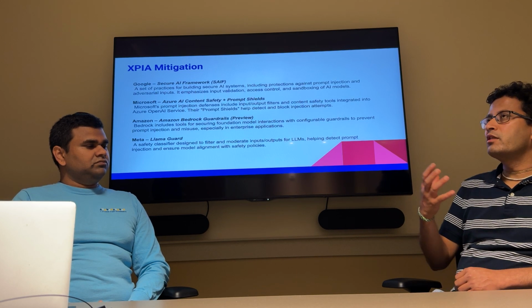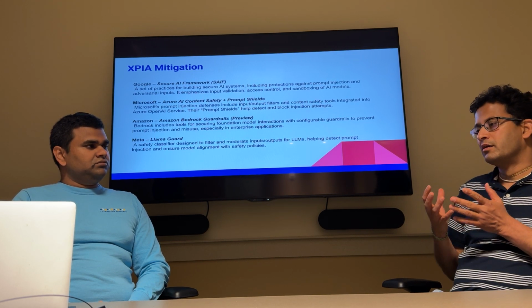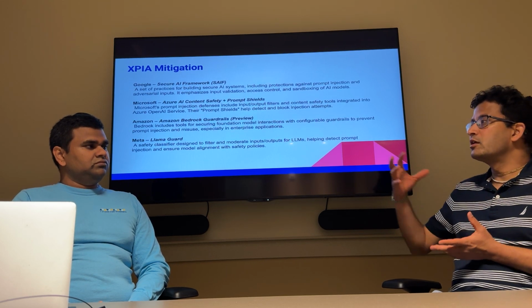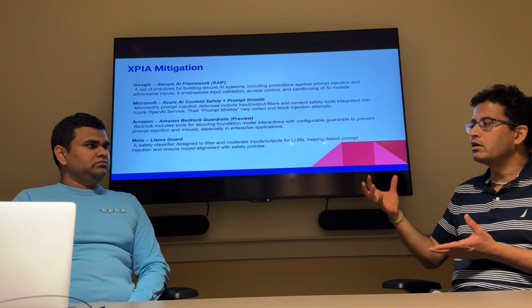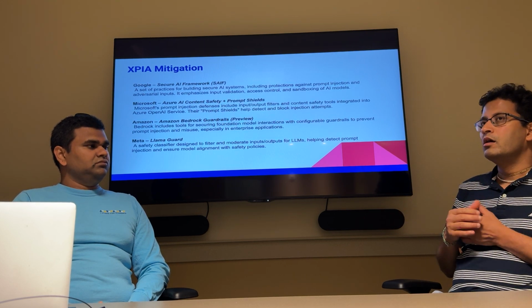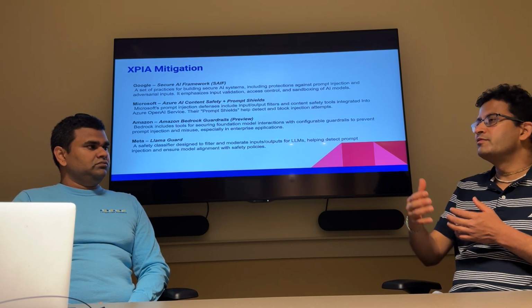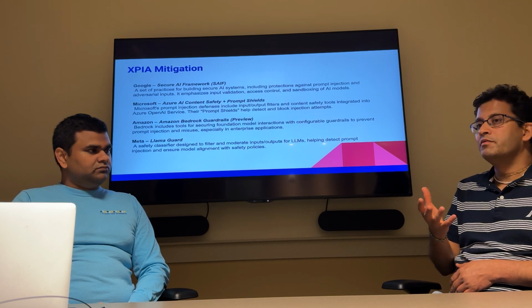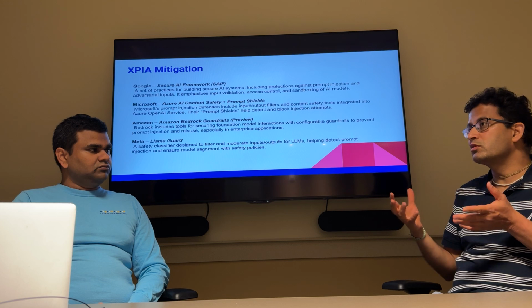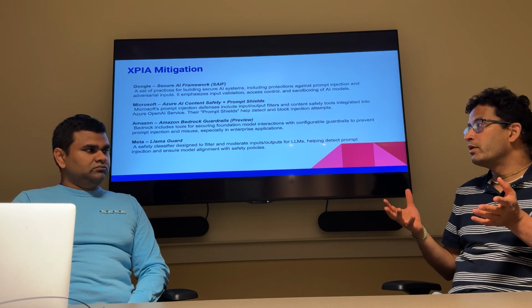The mitigation is that the LLM breaks the prompt into two parts: user specific and third-party specific, which is not what the user wants. It may be coming from a web page with hidden content which the user cannot read, or a hidden source.